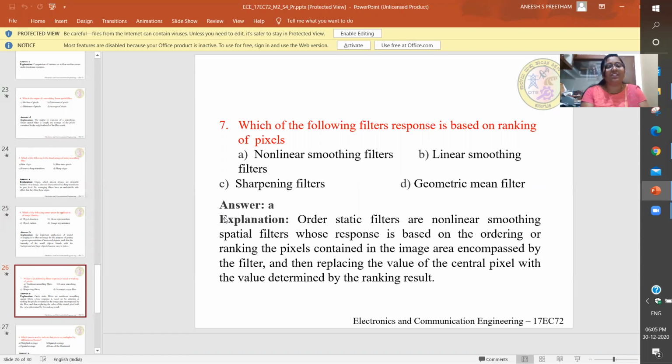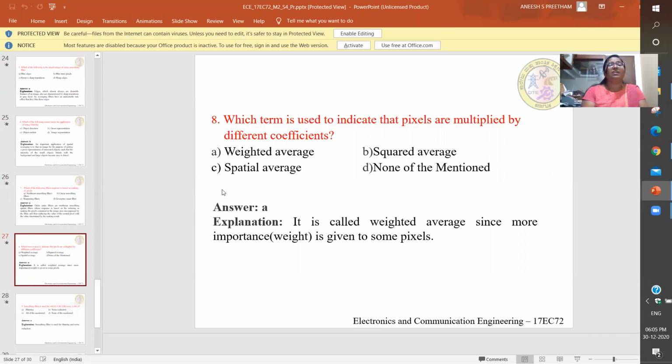That is option A. So order statistic filters can be called as non-linear smoothing filters, whose response is based on the ordering or the ranking of the pixels contained in the image area encompassed by the filter and then replacing the value of the central pixel with the value determined by the ranking result.